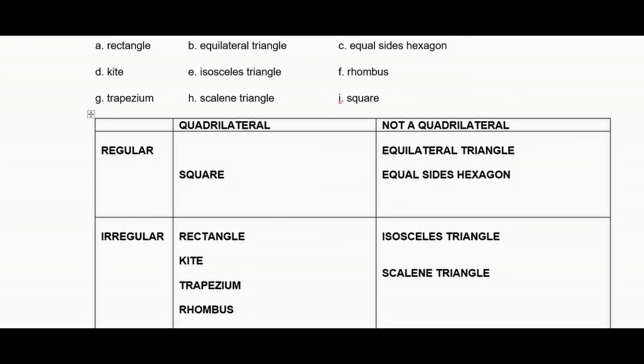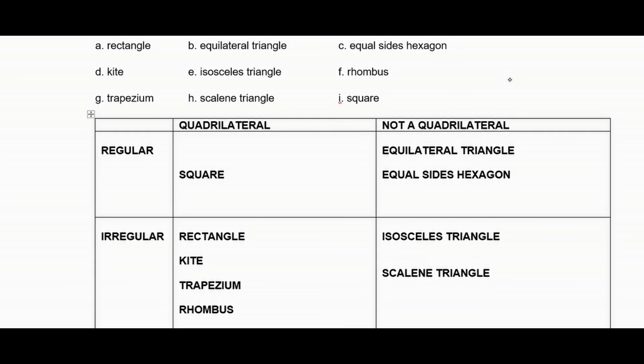So what about a kite? Well, a kite is a quadrilateral. It has 4 sides, and it is irregular. Can we have a regular kite? Well, basically, it will be a square. Let's say isosceles triangle.